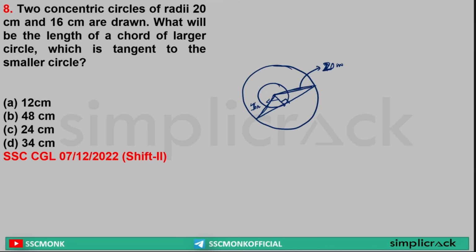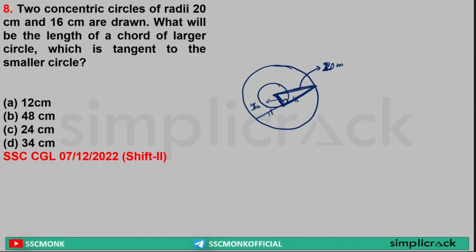Whenever we encounter this fact, that two concentric circles are there, and a tangent is drawn to the smaller circle from the larger circle's chord, that means this chord is divided into equal halves. This is the logic you need to remember, and you never know how this logic will be used in a question. Now let's think about this right angle triangle.